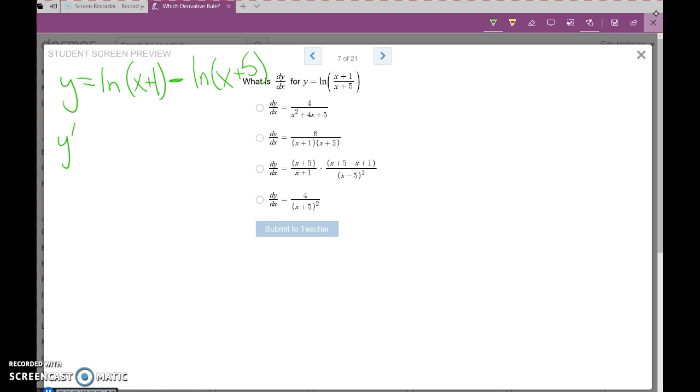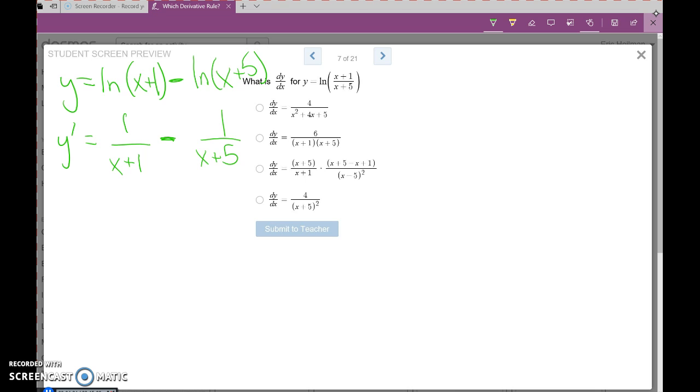So then I can take the derivative of each term. The derivative rule for natural log is the derivative of the inside of the function over what was inside the function. So the derivative of x plus 1 is just 1 over x plus 1, and then minus 1 over x plus 5. But oh no, that's not any of the answer choices.